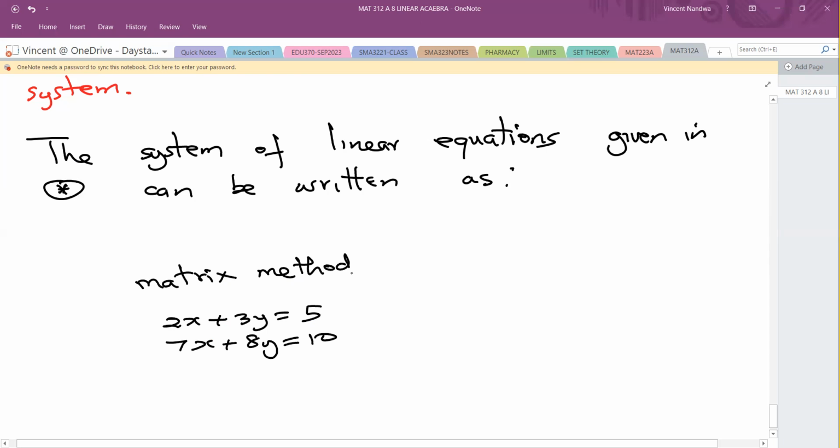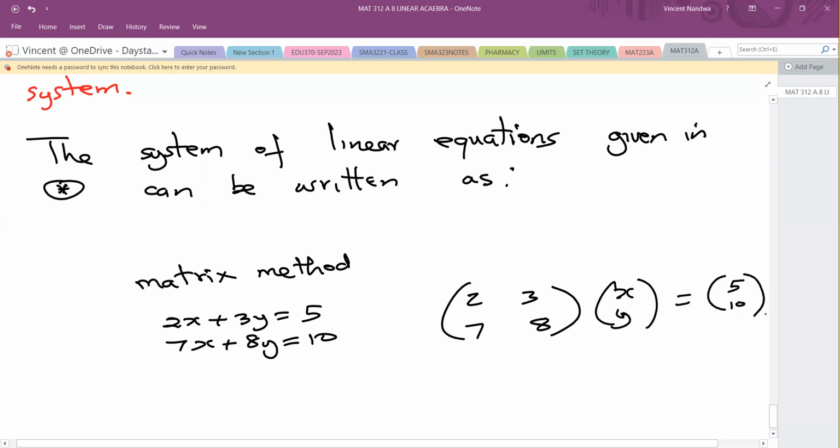Yes, there are elimination, then there's substitution, but I'm interested in the matrix method. So you were to rewrite this in matrix form as 2, 3, 7, 8. Then you put this to form a matrix, and then you write x, y, and then you write 5, 10. You remember that structure?